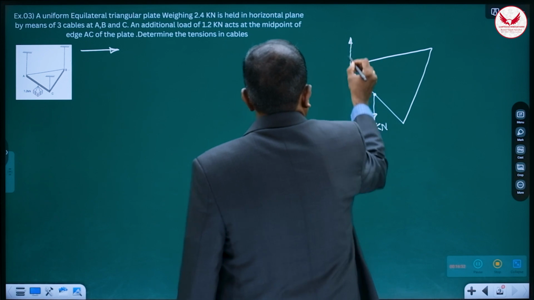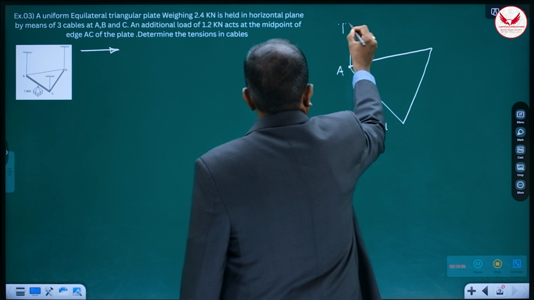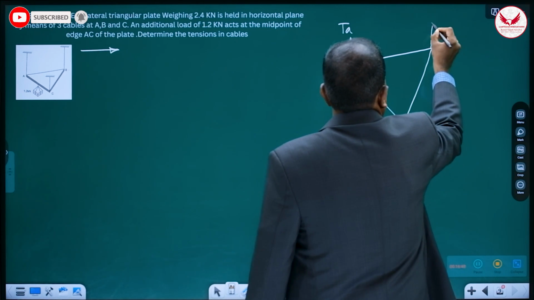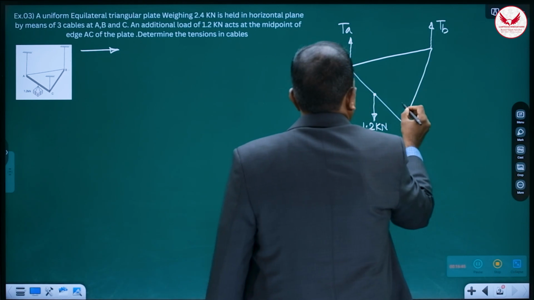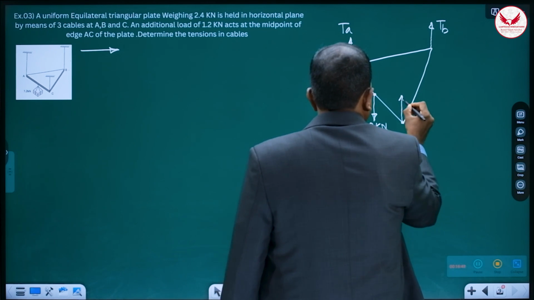Means when we draw the free body diagram, these are going to be in upward direction. So it is TA, then it is TB, and this is TC.